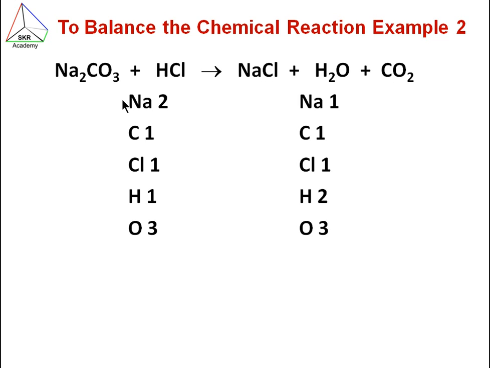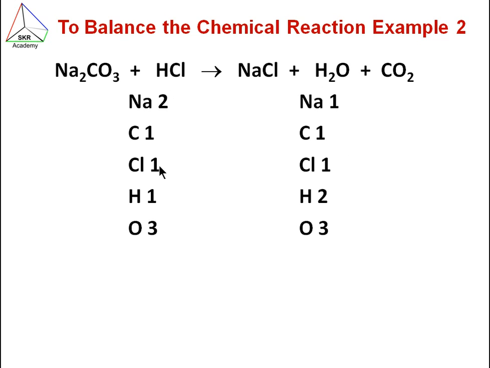Let's see how many elements of each type are on the left hand side, the reactant side, and how many of each type are on the product side. So let's count sodium. There are two sodium on the left, and on the right hand side there is only one sodium. The number of carbon is 1, and on the right side the number of carbon is 1.